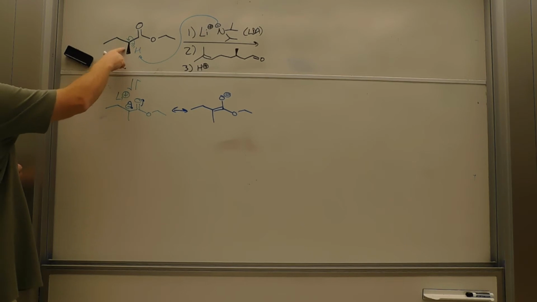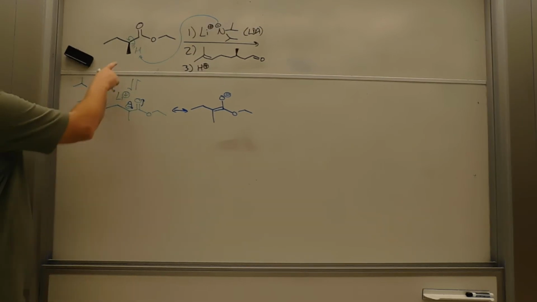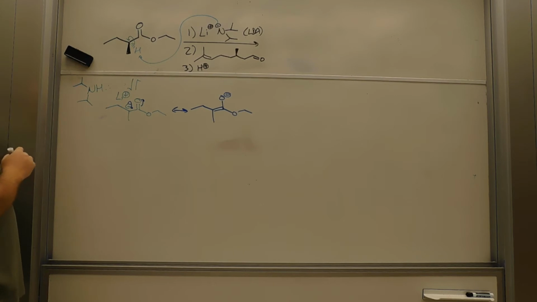So even though you might have worked hard to make this chiral center optically pure, it's gone. In fact, if you ever encounter a carbonyl that's got a chiral alpha carbon, you've got to be very careful, because if you expose it to base or acid, you can epimerize that chiral center.